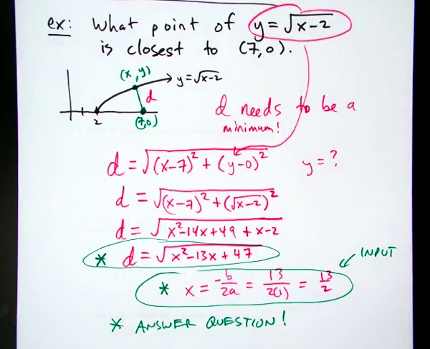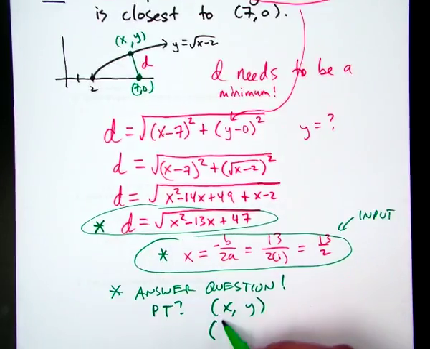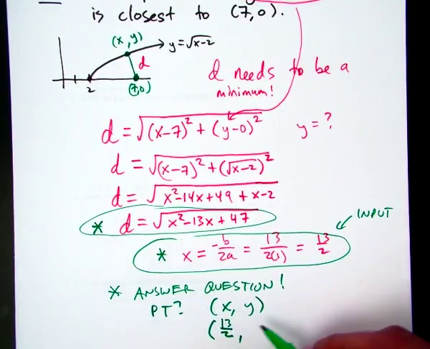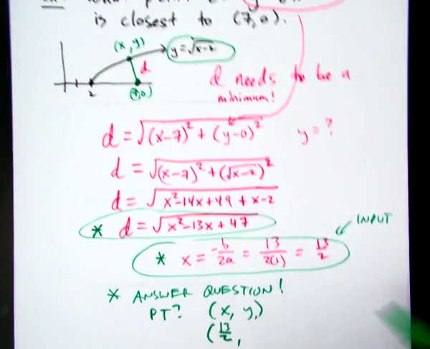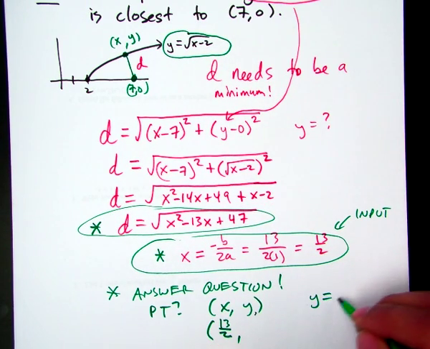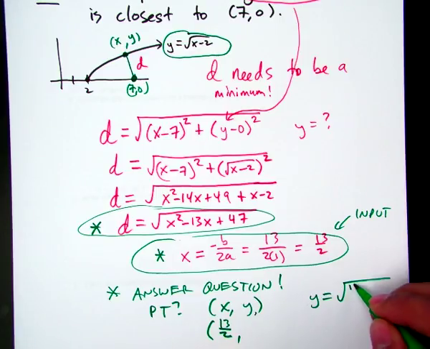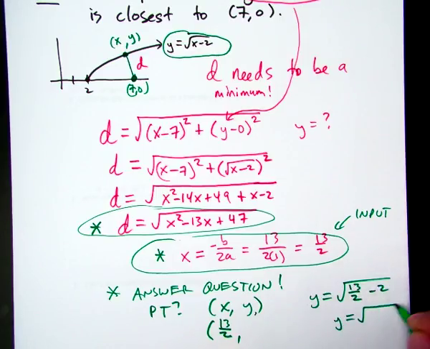Okay? So here, since we're looking for a point, my answer needs to be x comma y, right? I have x already. What's x? 13 over 2. y, do I have a formula for y? Where is it? Yeah, y is just the square root of x minus 2, so let's figure that out. x was 13 over 2, subtract 2. 4 over 2 is the same thing, right?